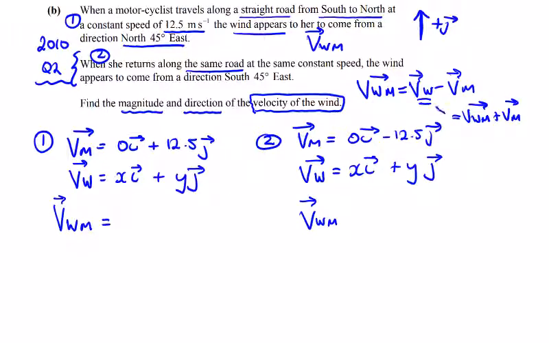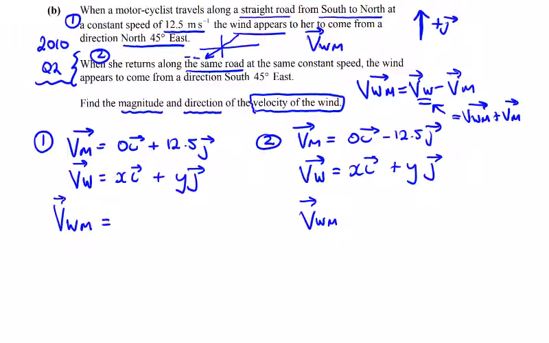These two added together. So what is the velocity of the wind relative to the motorcyclist in scenario 1? It appears to come from a direction north 45 degrees east, so it's coming from the northeast and it's going down in this direction. So that's into a negative sector.